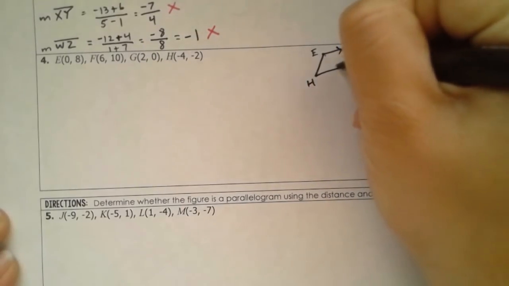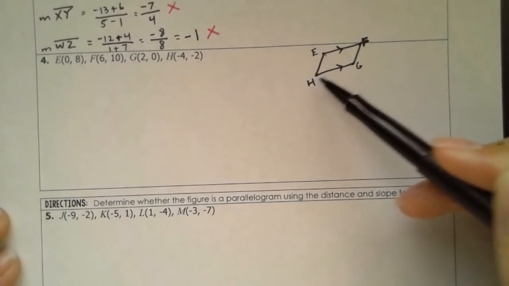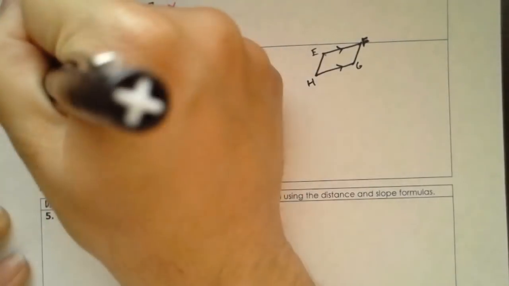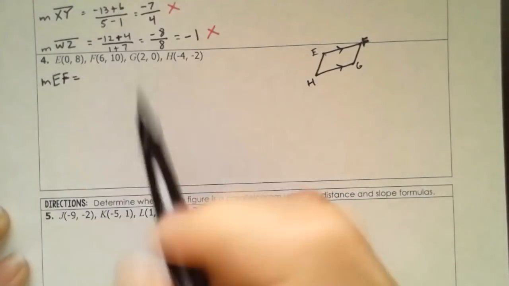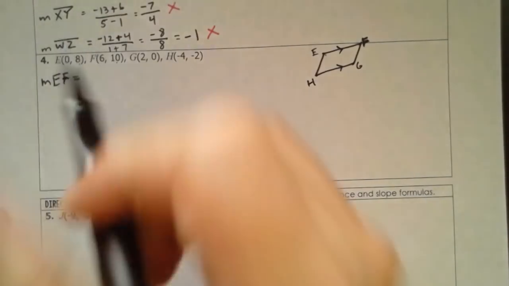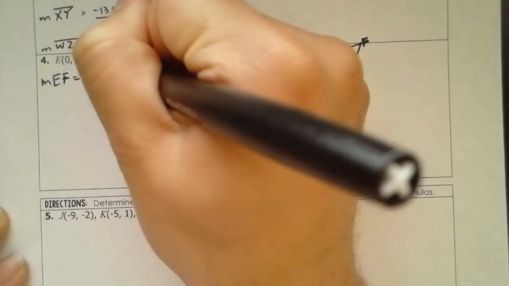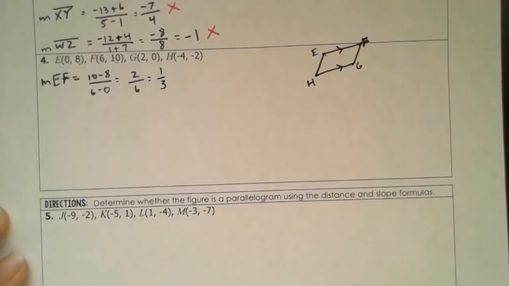Let's take the slope of EF first and the slope of HG. So the slope of EF, I have 10 minus 8 over 6 minus 0, so I get 2 over 6, and that simplifies to 1/3.